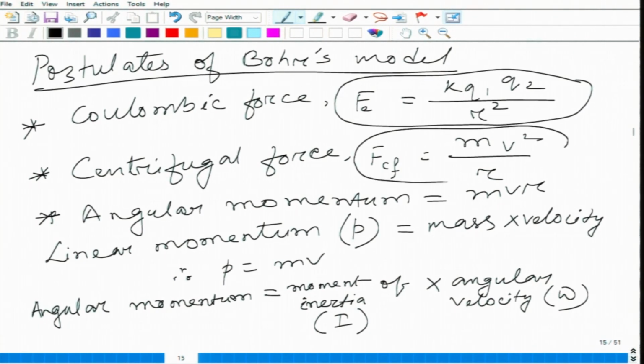This quantity measures the centrifugal force which is directed towards the outer side of the orbit, that is away from the nucleus. So, the force of attraction between the electron and the nucleus is directed towards the nucleus. And the centrifugal force is directed away from the nucleus.